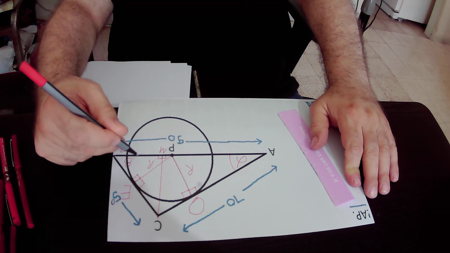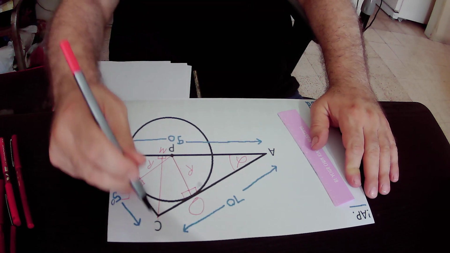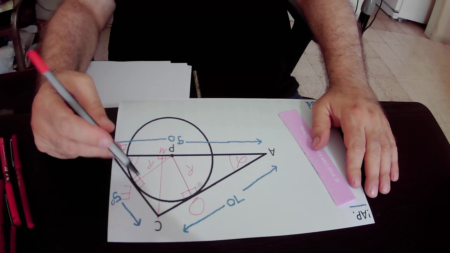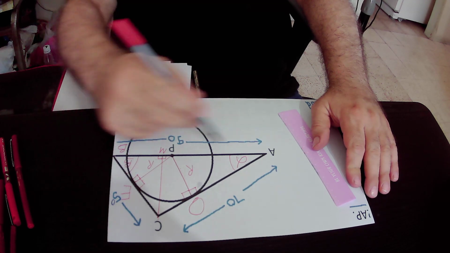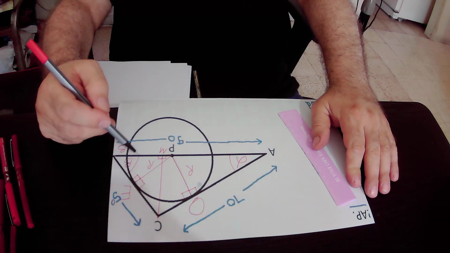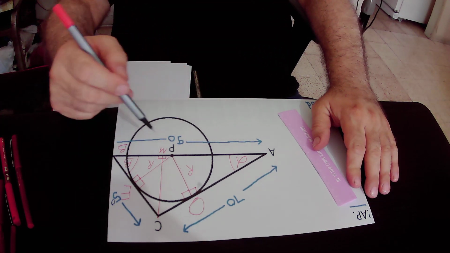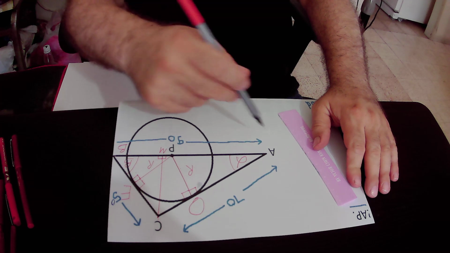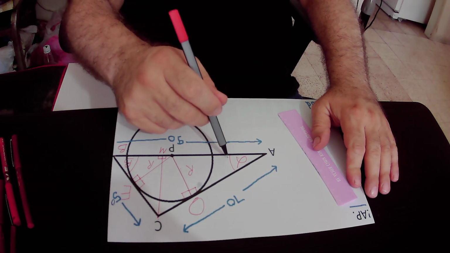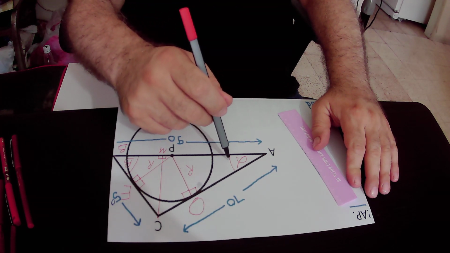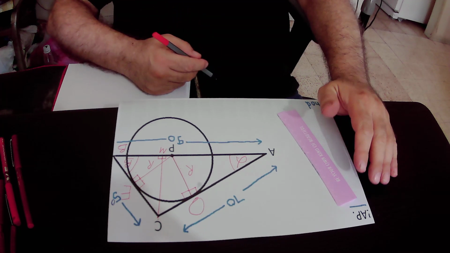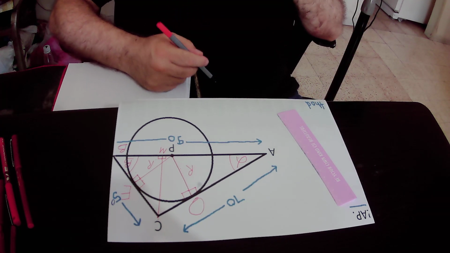Okay, angle ABC is beta, or we can say that angle CBA, it is the same angle, is beta. Angle CBA defined as beta and angle CAB defined as alpha.